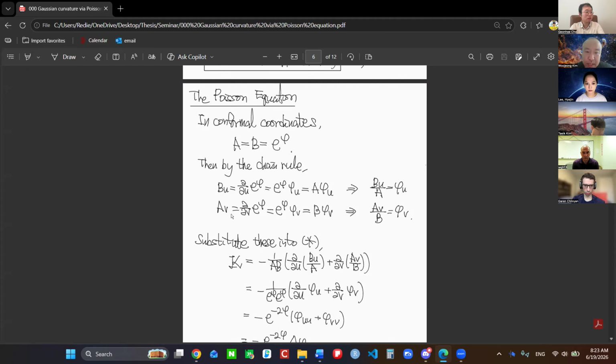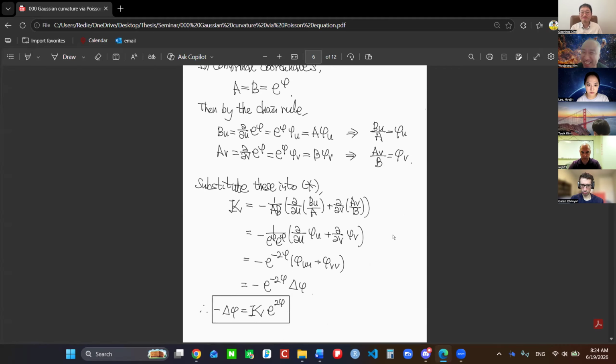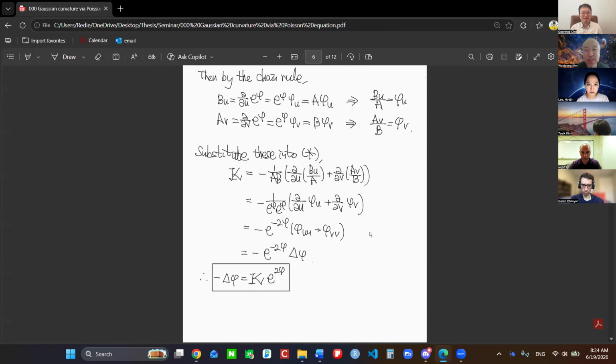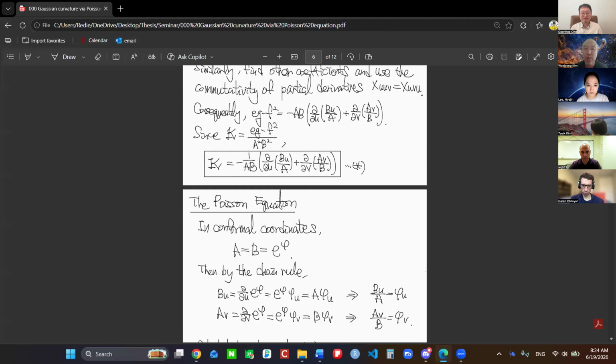And A times V, so partial of E to the phi, then it's going to be the chain rule, E to the phi times phi partial V. This is going to be B times phi partial V. And then A partial V over B is phi partial V. Sorry, yeah. So you're going to substitute these values into the star equation in here because we found this one.